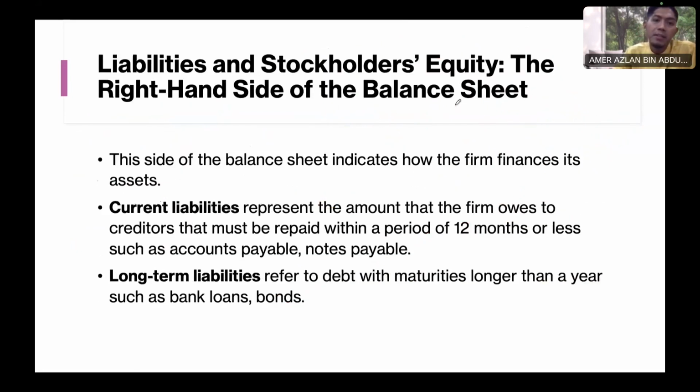Next, let's talk about the right hand side of the balance sheet. Just now we had assets. Now on the right hand side here, we have the liabilities, which can be categorized into two, either current liability or long-term liability.